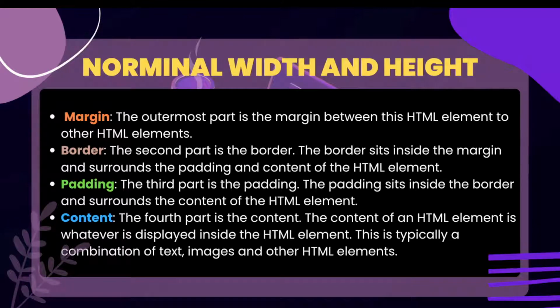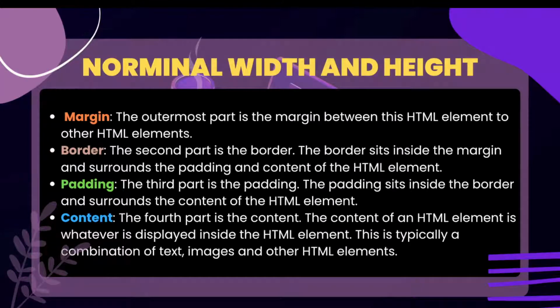So you remember what we said about the box model in CSS and HTML. I said the box model suggests the fact that everything is inside an imaginary box. So we have an idea of nominal width. Nominal width is, should we include the margin, padding, and border as a part of our element's width and height?